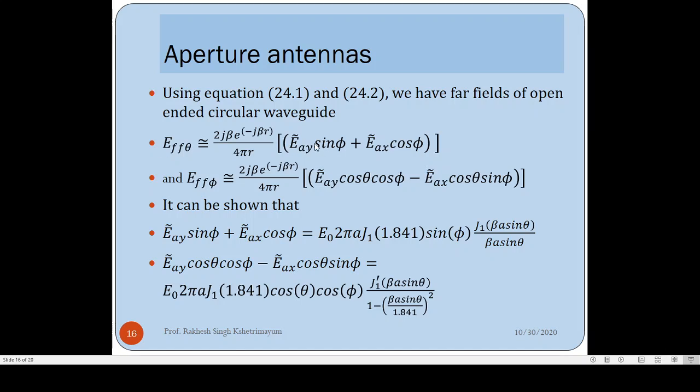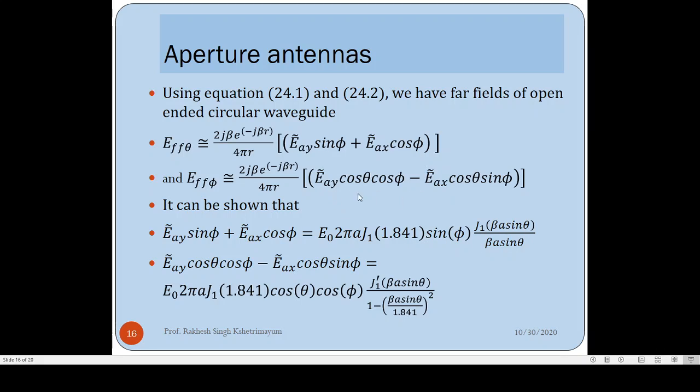So you can simplify this: the Fourier transform of the EAY component times sin phi plus the Fourier transform of the EAX component times cosine of phi. It turns out to be very simple: E0 2 pi a J1(1.841) sin phi J1(beta a sin theta) by beta a sin theta.